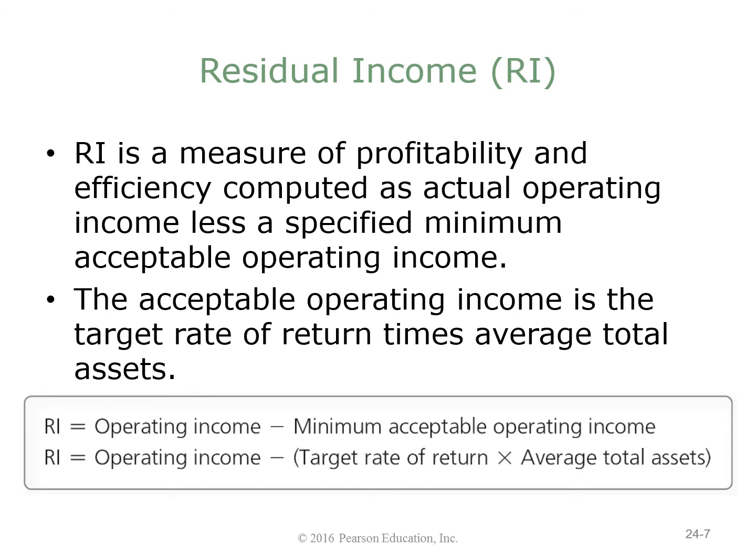As we said, it is a measure of profitability and efficiency, and it is computed as actual operating income, the EBIT, minus minimum acceptable operating income. And how to calculate the minimum acceptable operating income? By multiplying the target rate of return by the average total assets. Again, operating income may be 120,000, target rate of return may be 10%, and the average total assets is 1 million.